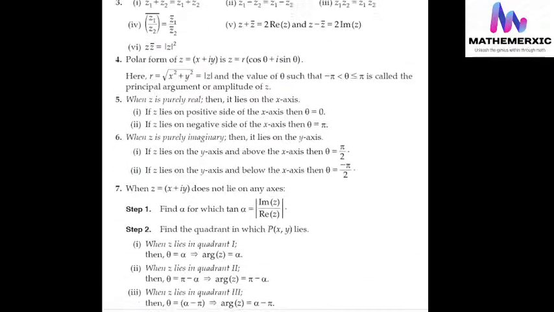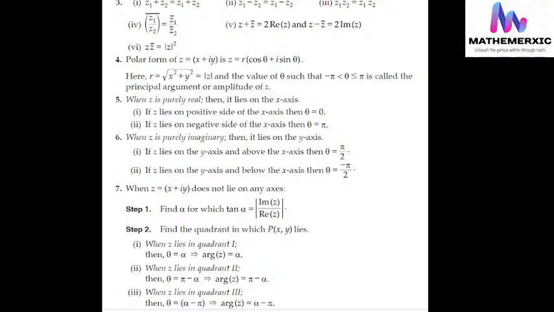Polar form of z is x plus iy, z is equal to r in bracket cos theta plus i sin theta, where r is under root of x square plus y square, which is equal to modulus of z, and the value of theta, so that theta is greater than negative pi and less than or equal to pi, is called the principal argument or amplitude of z.